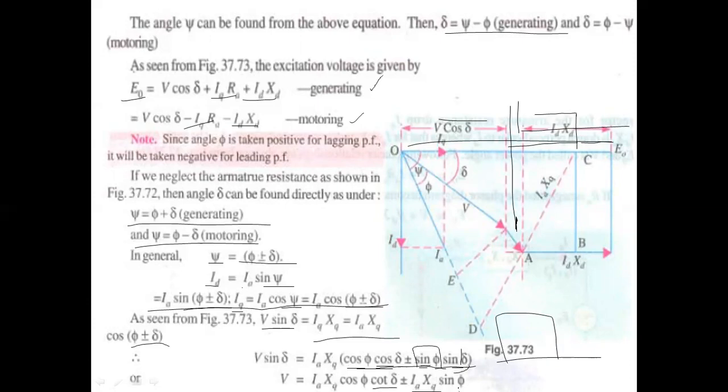So finally V is equal to this, and Ia Xq cos phi cot gamma is equal to V plus or minus Ia Xq sin phi.